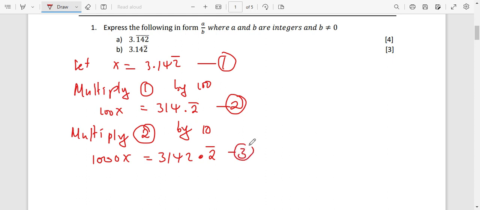Just to make sure that the numbers after the decimal point in the equation where the decimal is before the repeating number and after the repeating number are the same. And so when you reach here, the 2 equations that you're supposed to subtract are the one where the decimal is in front of the repeat number and where the decimal is behind the repeat number.